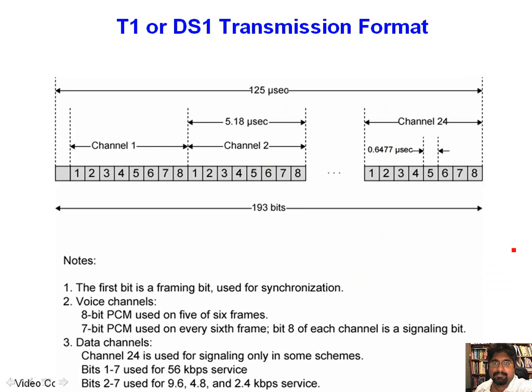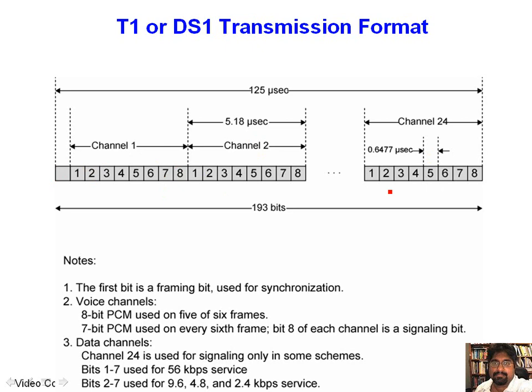Here's a well-known format called the T1 format, which is used quite often in telecommunication systems, where you've got a 1-bit control bit followed by 8 bits. Usually 8 bits is used for voice transmission. So on channel 1 you've got 8 bits from the first user, on channel 2 you've got 8 bits from the second user, up to 24 channels.